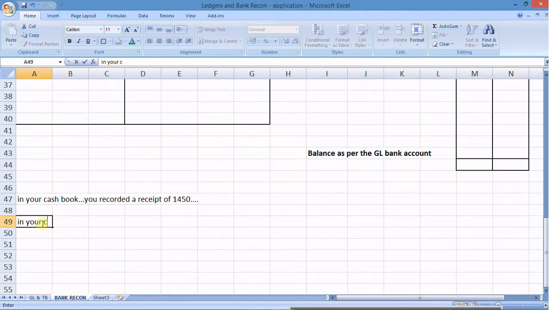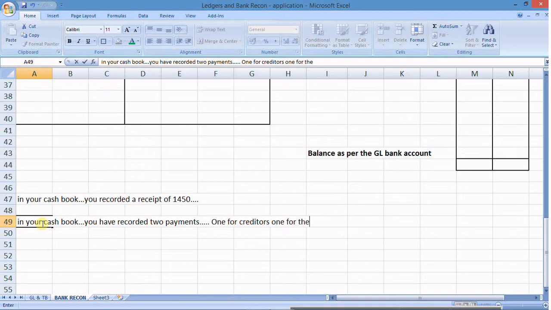Okay, so in your cash book, you have recorded two payments. One for creditors, no, one for drawings, one for the owner, drawings. Okay, so question.